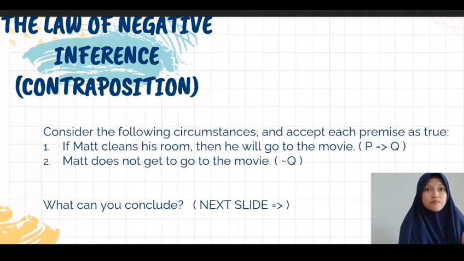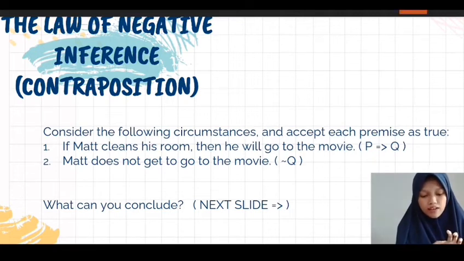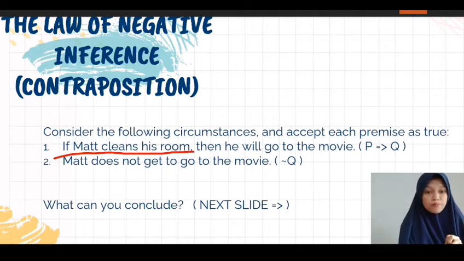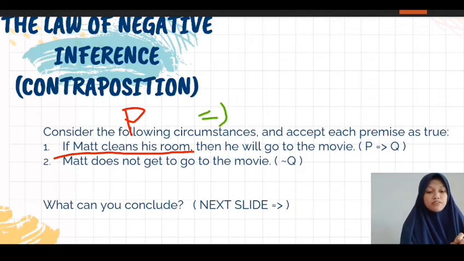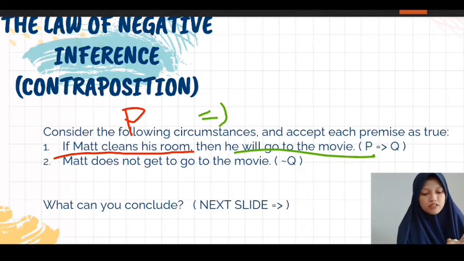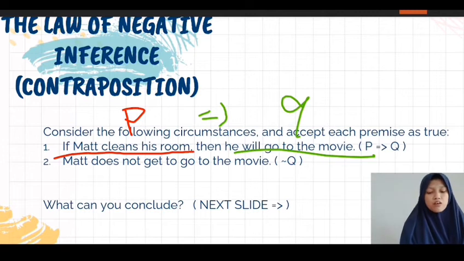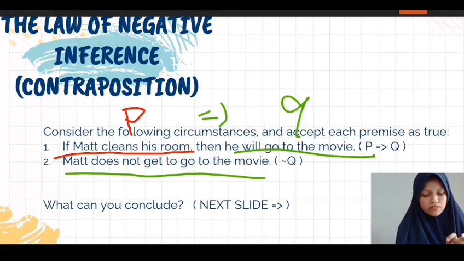Okay, we suppose that "Matt cleans his room" is P, and "he will go to the movie" is Q. Next, "Matt does not get to go to the movie" we can suppose is the negation of Q.